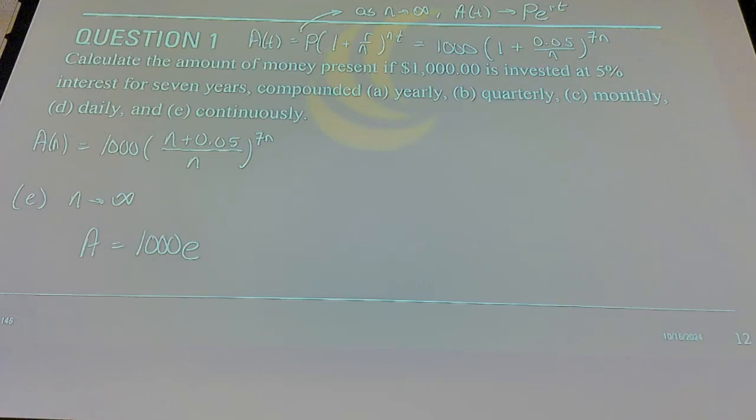What is 0.05 times 7? That would be how much your account has. $1,000 times e to the 0.35. Oops.